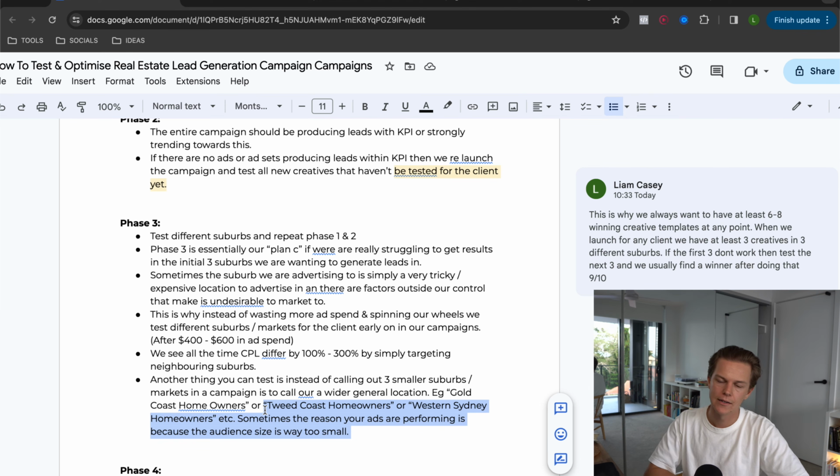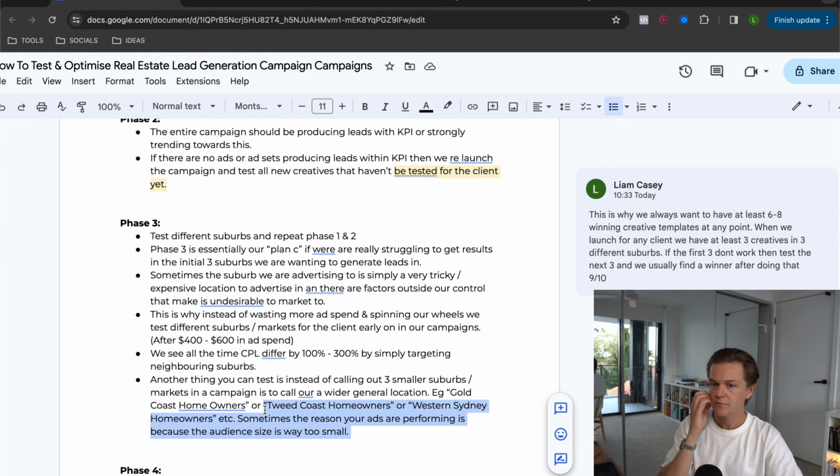And so if we can instead not just target an individual suburb, but target a radius that includes all those suburbs, and then in our ad, instead of calling out one suburb at a time, call out the general area, sometimes that can perform a lot better. So instead of calling out individually Palm Beach, Burleigh Waters, Elanora, we'd call out Gold Coast homeowners.